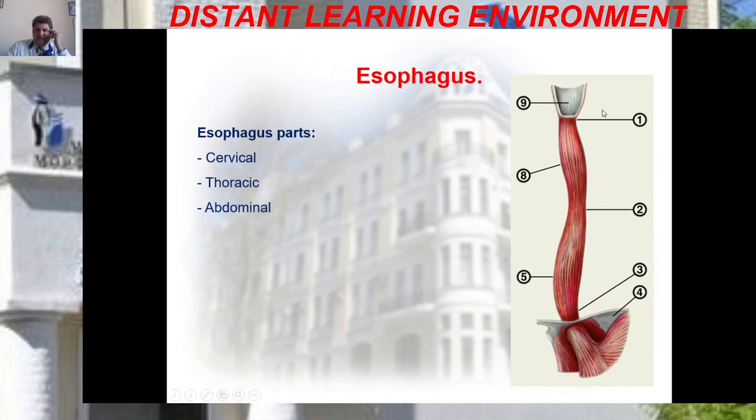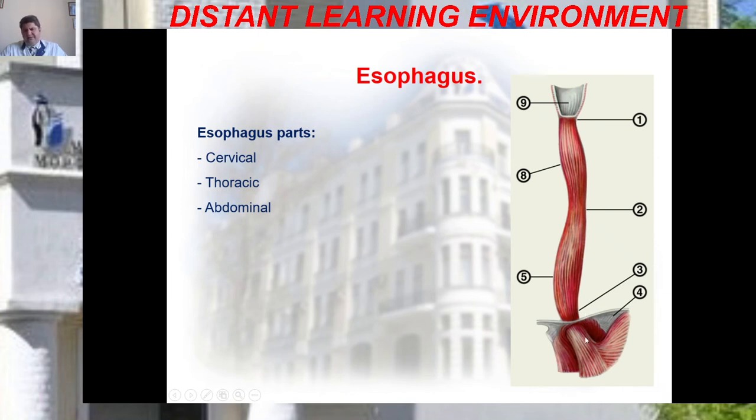So you may see, first constrictor is the pharyngeal constrictor, where the pharynx passes to the initial part of the esophagus, behind the larynx, behind the cricoid cartilage of the larynx. Next, the middle anatomic constrictor is the bronchial constrictor, behind the left principal bronchus.